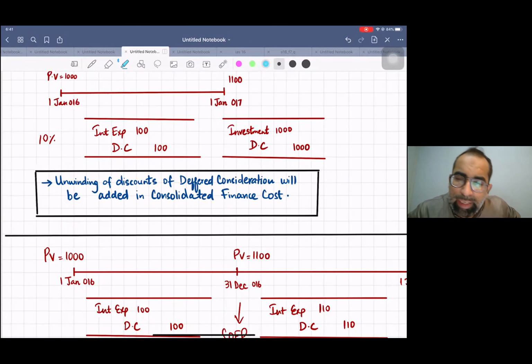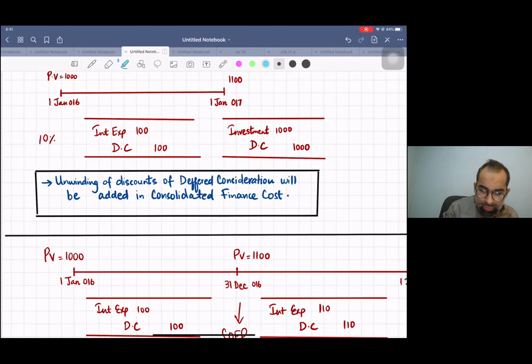That's why the interest expense of deferred consideration also belongs solely to parent company. And this interest expense or unwinding of discount has not already been adjusted in consolidated P&L. So you will only increase the consolidated finance cost. No more NCI. Don't forget the concept. This deferred consideration interest belongs to parent company, not subsidiary company.